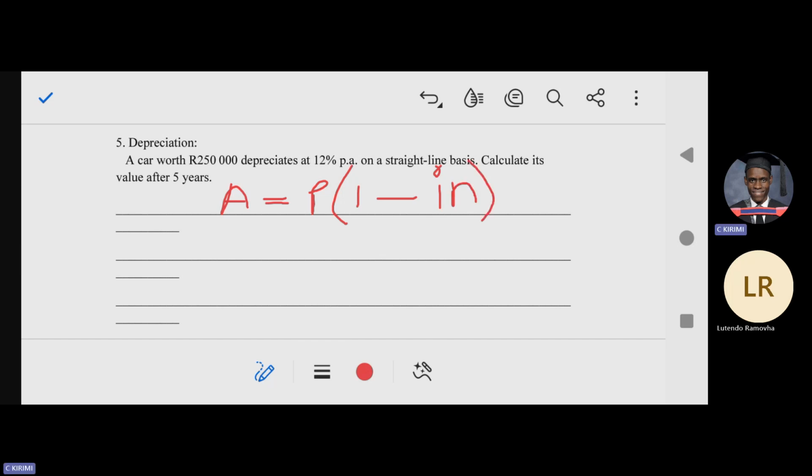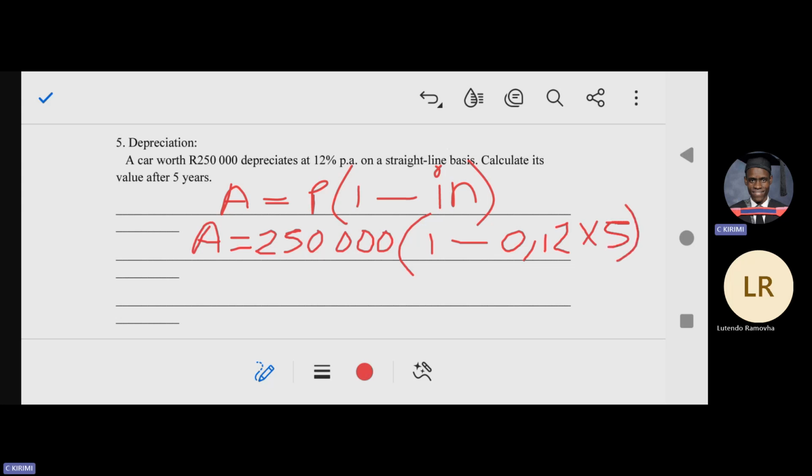So it's a straight line basis. Which means that our final amount after 5 years is going to be the A, which you are looking for, isn't it? Then you substitute your initial amount, 250,000. And then you put your bracket 1 minus 0.12 times 5.